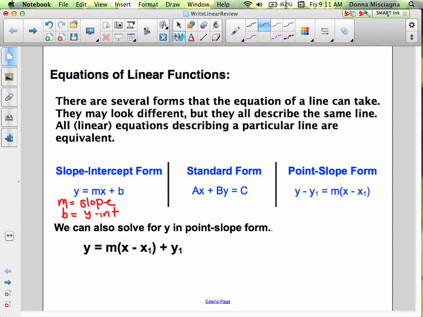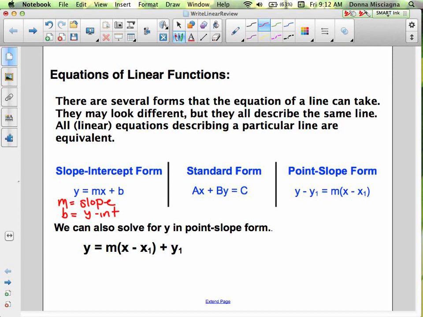We have standard form, and in standard form we don't learn the slope, we don't learn the y-intercept. It's useful if we want to vary two quantities. For instance, if cherries cost $5 a pound and apples cost $2 a pound, and you had $10, how many pounds of each of those two could you get?